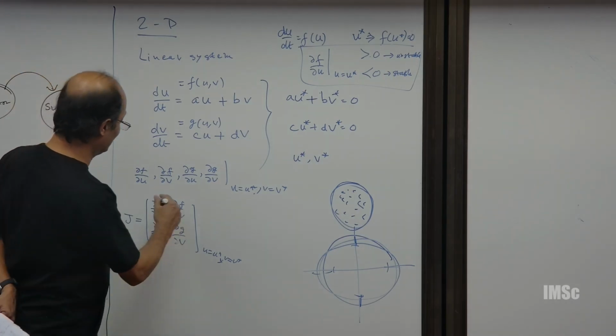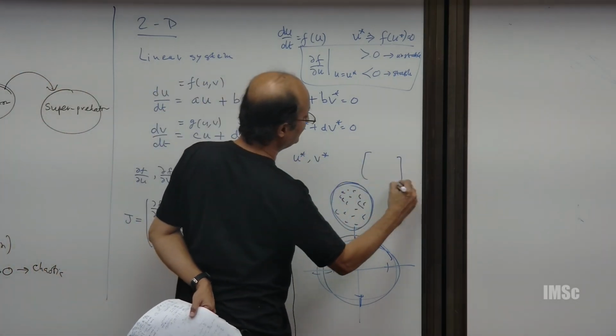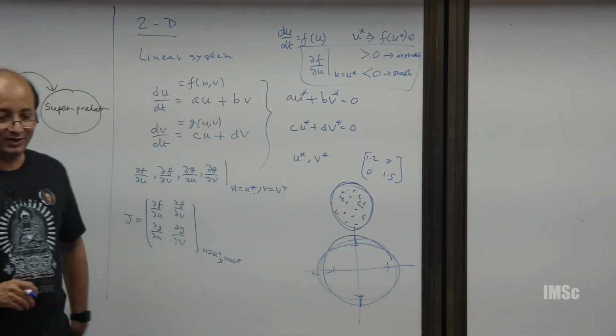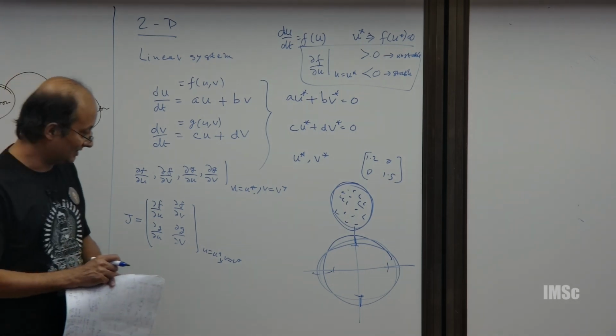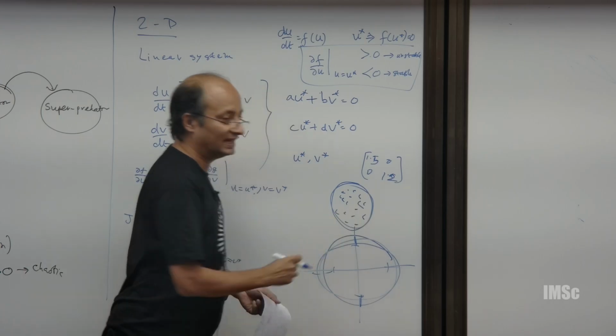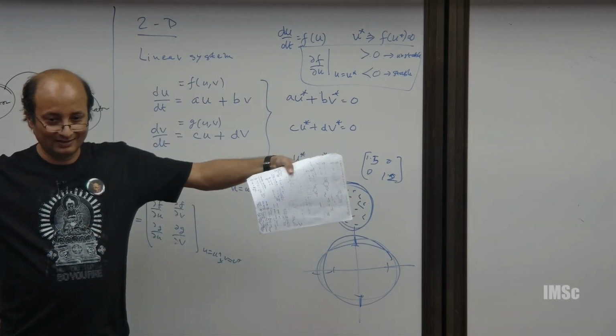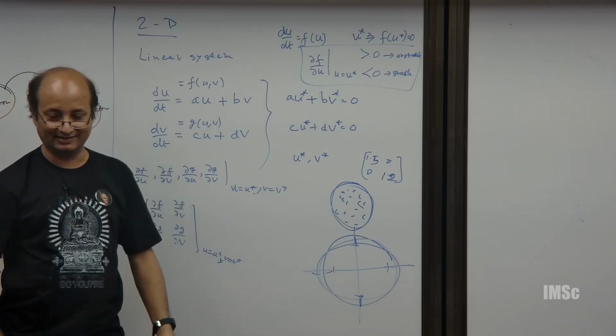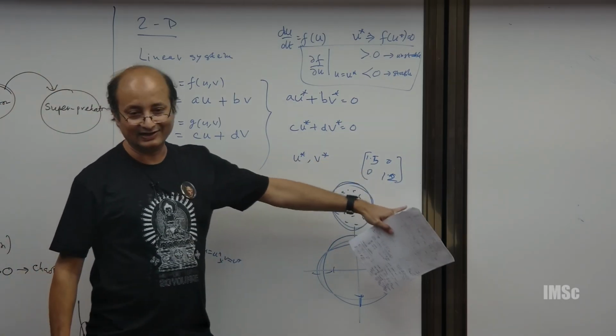So what this means is that the matrix is simply this. Sorry, I should say 1.5 and 1.2. Along the x axis you have made it 1.5 times larger, along the y axis you have made it 1.2 times larger. So this is a diagonal matrix.